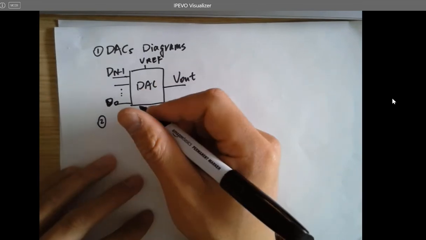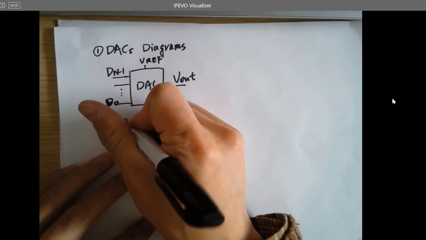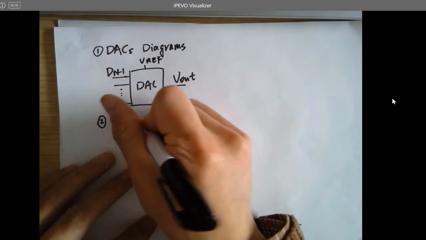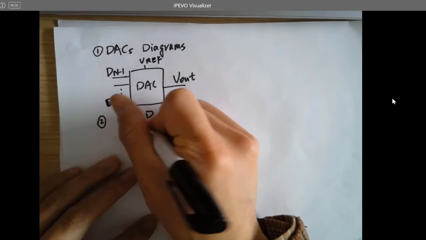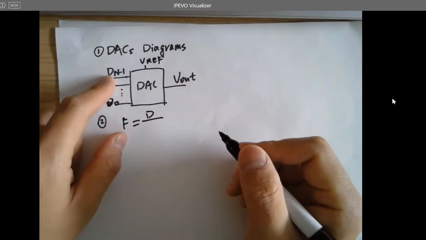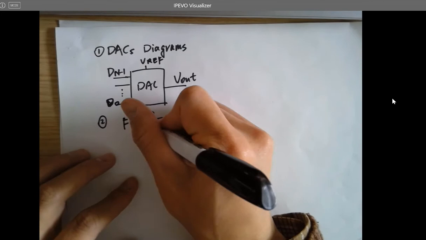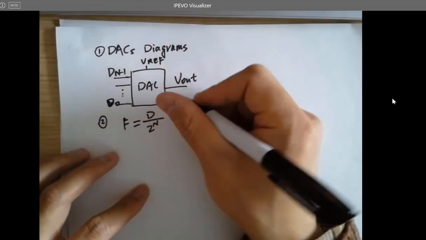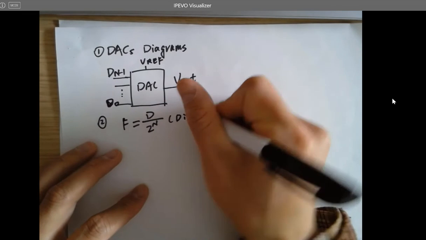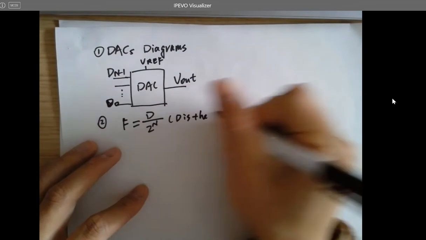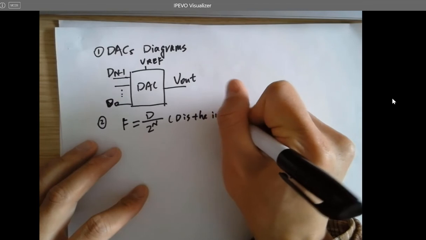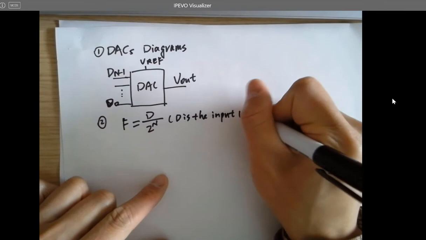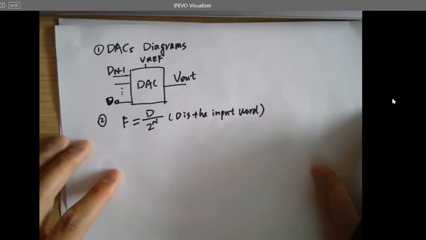So in that case, there is a concept called the fraction, which is D, the digital input, divided by 2 to the nth. So D is the input word, whatever input is being fed to the DAC. It's called a fraction.